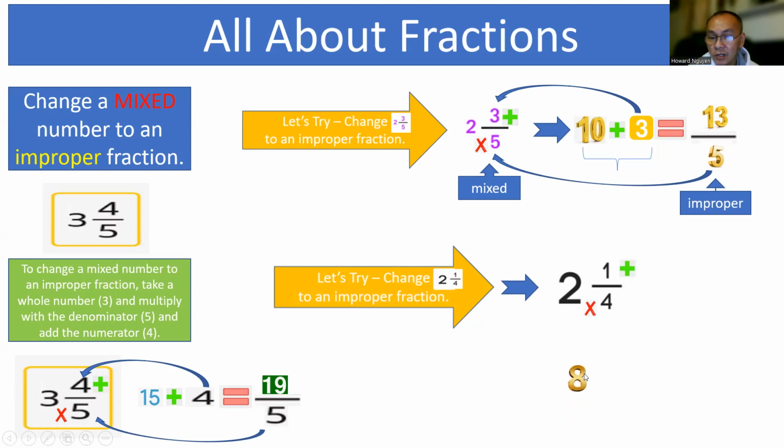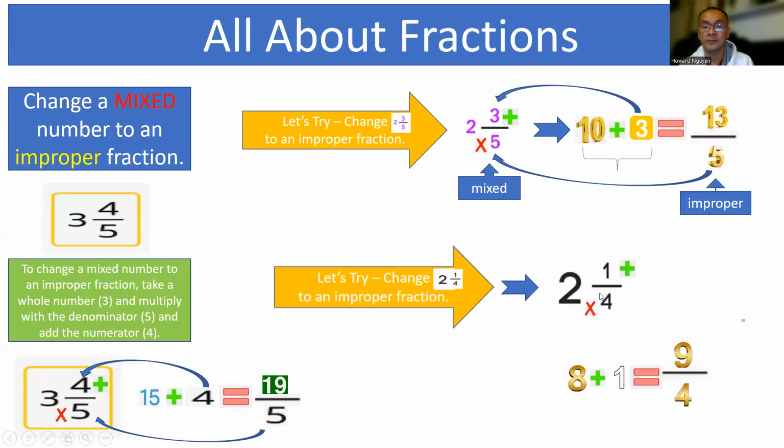If you say 8, you're correct. Now plus 1. What is 8 plus 1? 9. So 9/4, because the 4 doesn't change. Okay, so that's how you change a mixed number to an improper fraction.